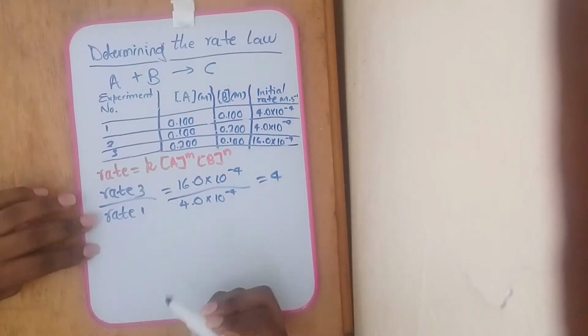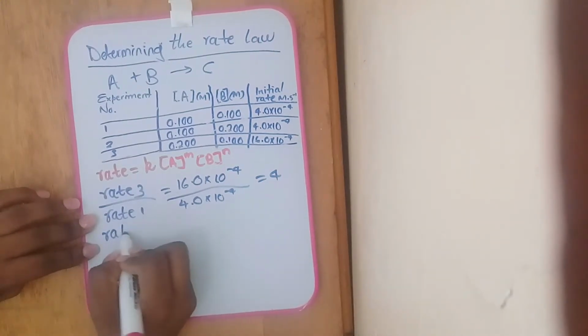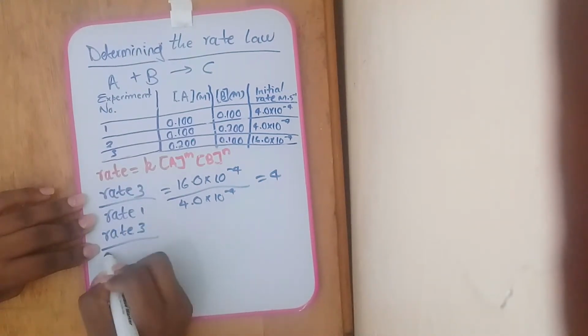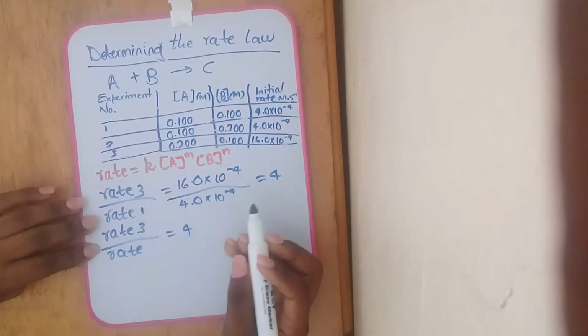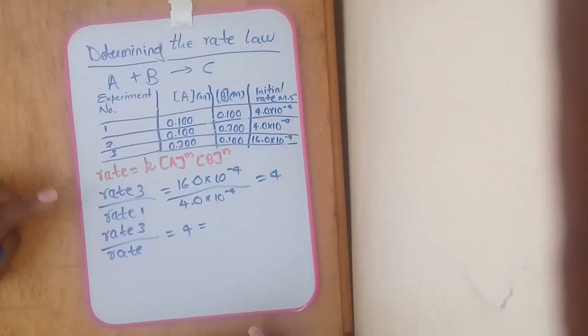So rate 3 over rate 1. Now we're using the initial concentrations of A for experiment 3 and experiment 1.